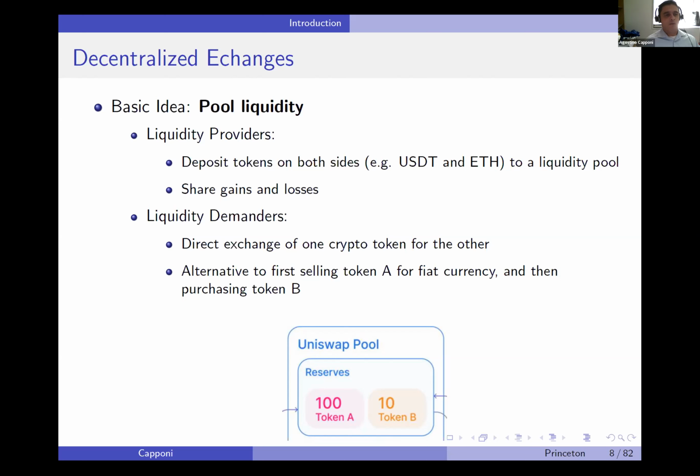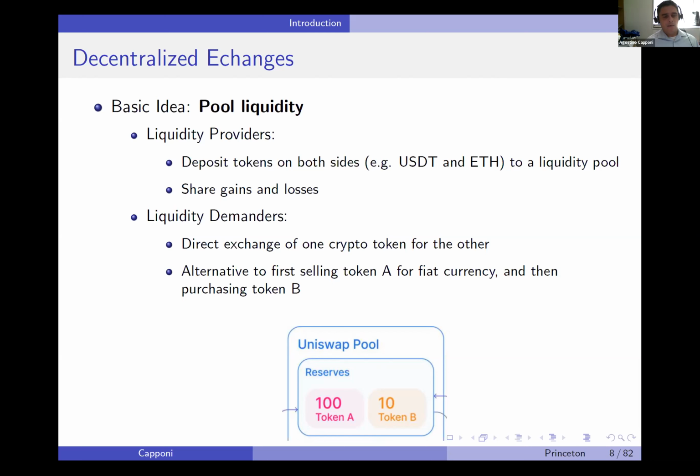And then there are investors, who are those who need liquidity. So these are those who essentially want to get a token from this exchange because they need it for some specific reasons. For example, they might want to execute a specific transaction on the Ethereum blockchain and they need to get the Ethereum token. So what do they do? They go into this pool and they swap, let's say, one stablecoin for the Ethereum token, and then they use this Ethereum token for whatever they need to do.